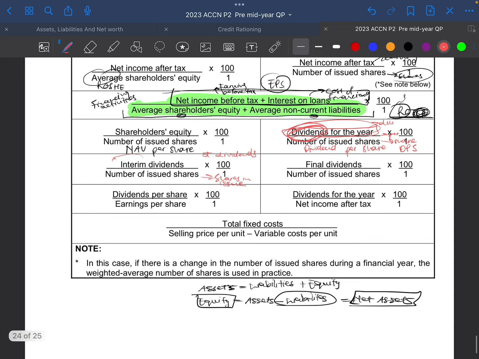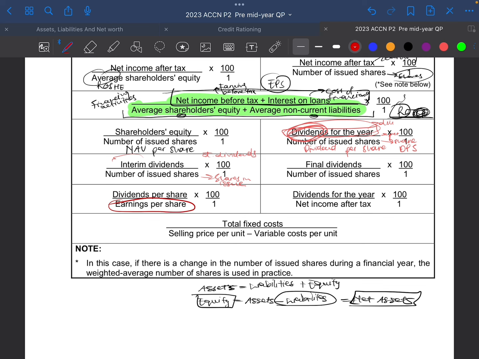All right, and then next one is dividends per share over the earnings per share. Remember earlier, I explained the earnings per share: how much we earn per share. How much have we given out to our shareholders? That's how much we are paying to the shareholders, and remember that this is what we've earned.